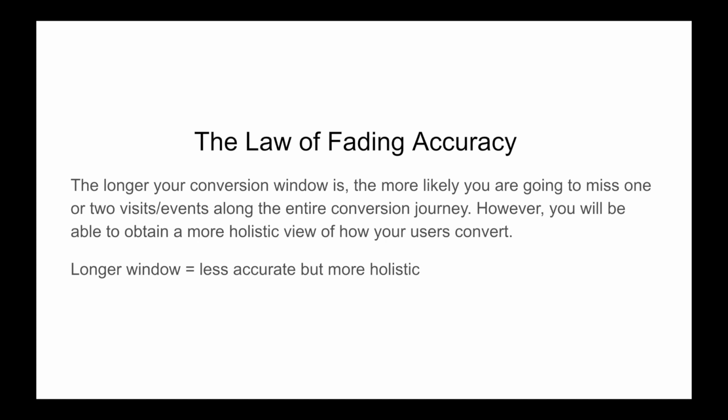You can have a holistic view of how your customer is interacting with your brand before converting. So a longer window means it's less accurate but more holistic, and a shorter attribution window means it will have a lot better accuracy in terms of your attribution model, but it will be less holistic. It will cover less of the customer journey.